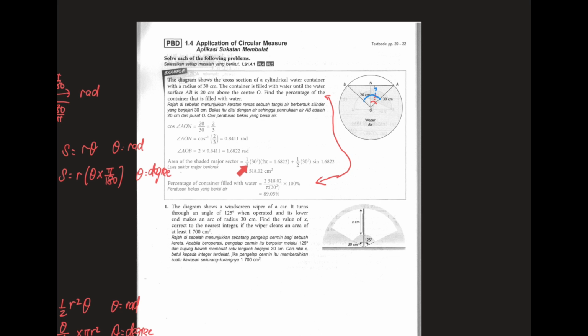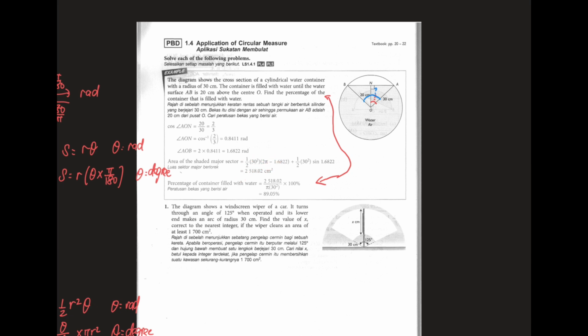they are doing 1 over 2 times 30 squared, which is the radius squared, times 2 pi minus 1.6822. If you're wondering what happened here, let me explain a bit.